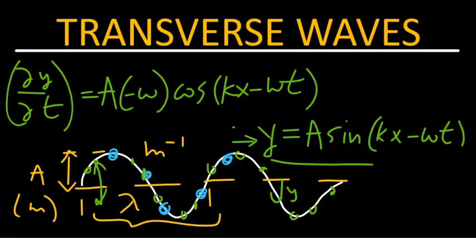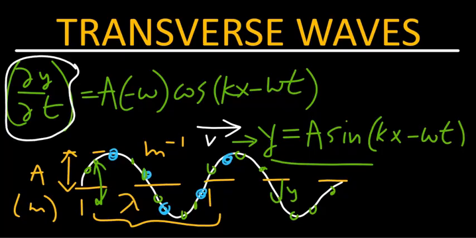So the point here, there are two speeds. One is the speed of propagation of the wave, represented by that v that we defined earlier, and the other one is the oscillating speed of that string itself, or any point of that string up and down. That is given by this expression.